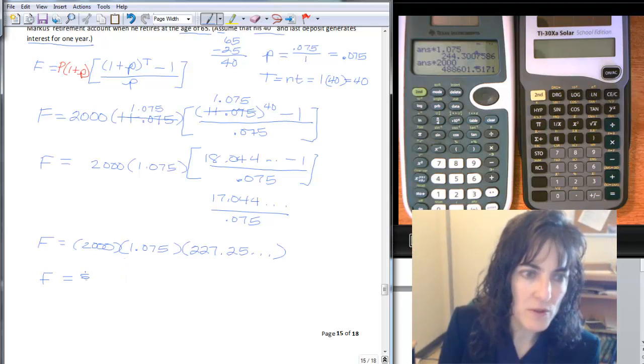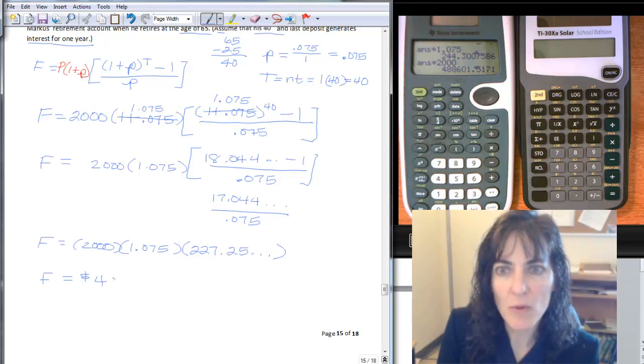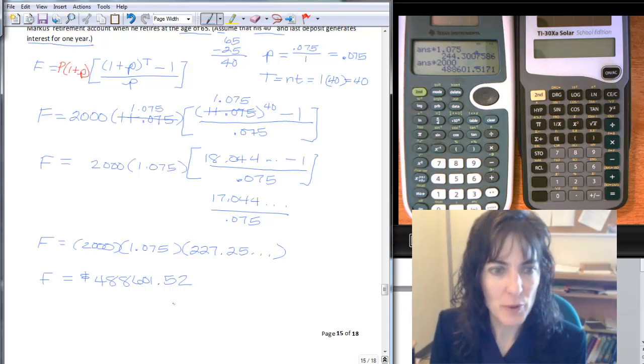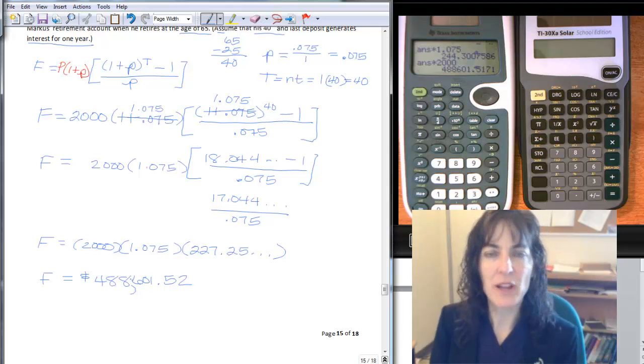My F equals, and it's money, so I have 488,601.517, so it'll have to be 0.52, and I'll put a comma in there. Remember, it goes 3 decimal places, so there's my comma right there.